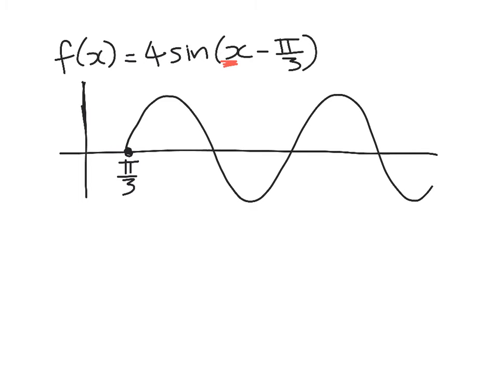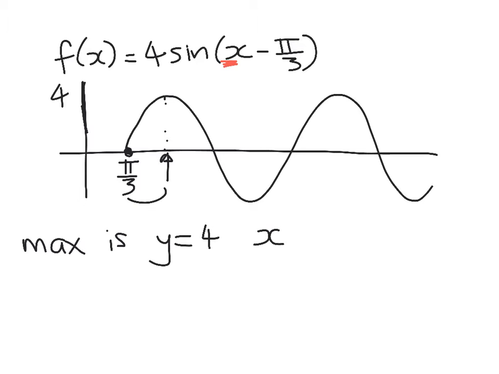And the amplitude is bigger now. So the maximum value is y equals 4. Now where does that happen? We're asked for the smallest positive value for that one. And it happens pi on 2 out from here. So x is equal to pi on 3 plus pi on 2, which is equal to 5 pi on 6.